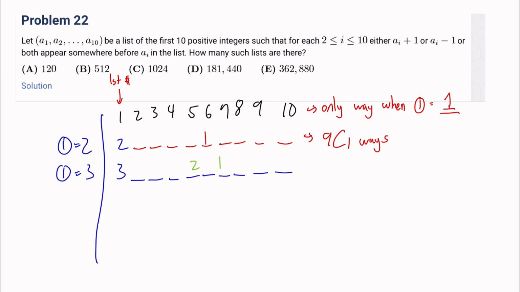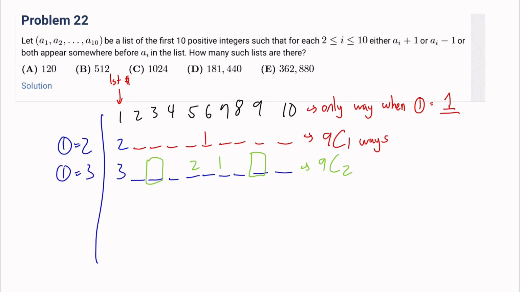And the rest of the numbers, which is 4, 5, 6, 7, 8, 9, 10, will just all fall in the remaining slots, right? And so what we need is 9 choose 2 ways to put 2 and 1, because we only need to choose 2 slots, and then 2 and 1 will go into them, and it doesn't matter what order, because the first will always be 2 and the next will always be 1.